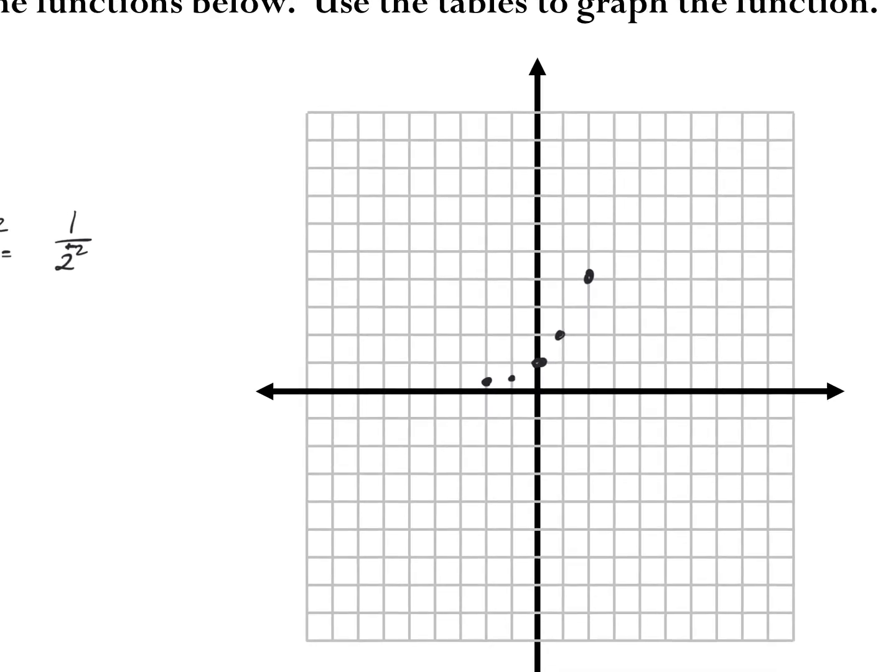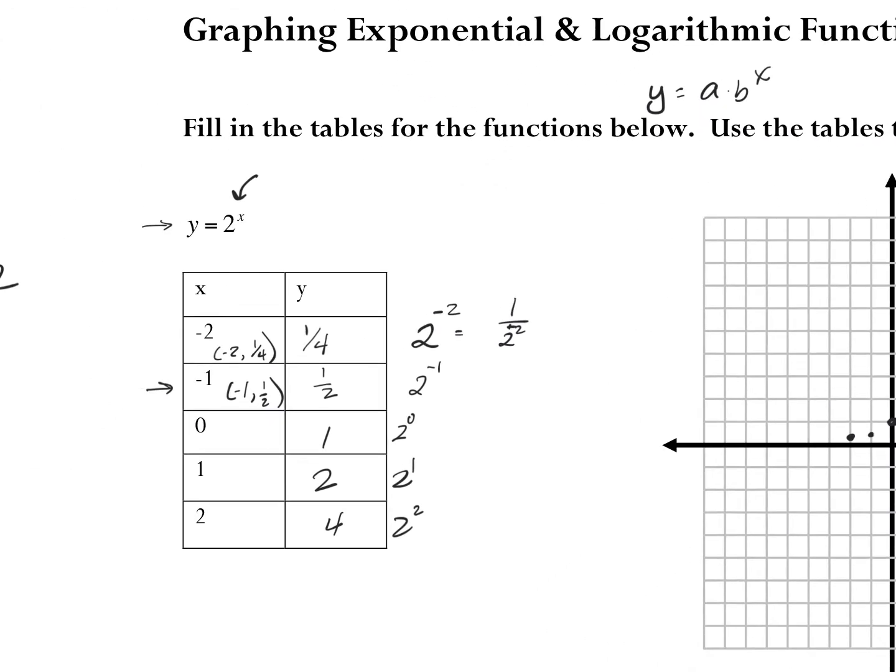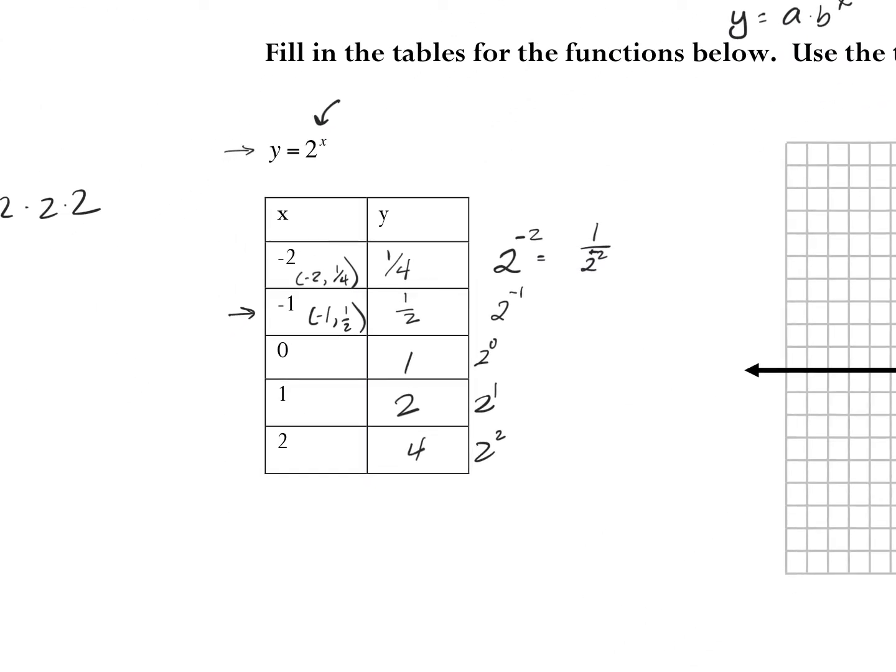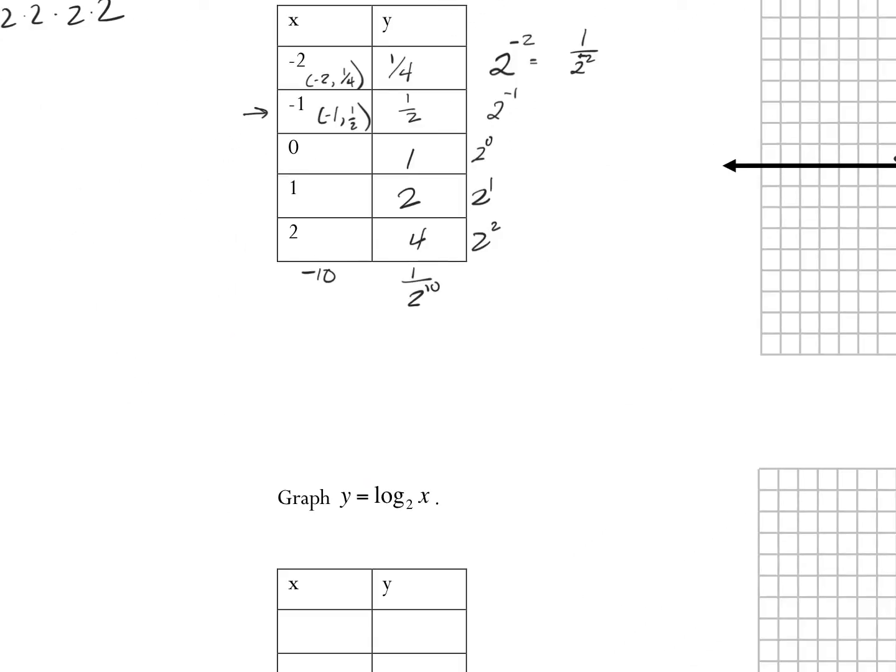Will this graph ever cross the x-axis? No. What would need to happen in order for this to cross the x-axis? The whole thing would have to equal 0. Is everybody with me? So if I plugged in negative 10, the top of my fraction, no matter how small I get, is always going to be 1.